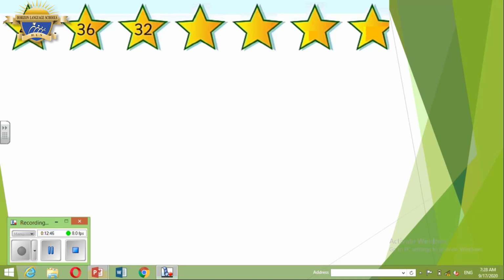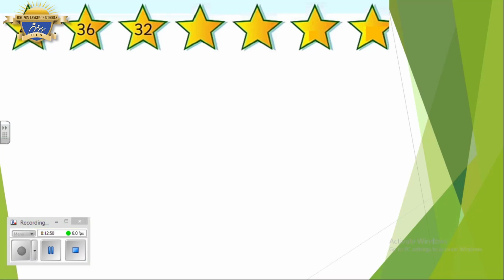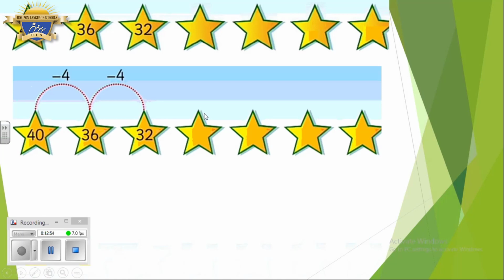So 28 minus 4 equals, excellent, 24. So the rule is minus 4. Minus 4, decreasing, because the pattern is decreasing. We take away numbers. And 4 is for how many numbers we take away.